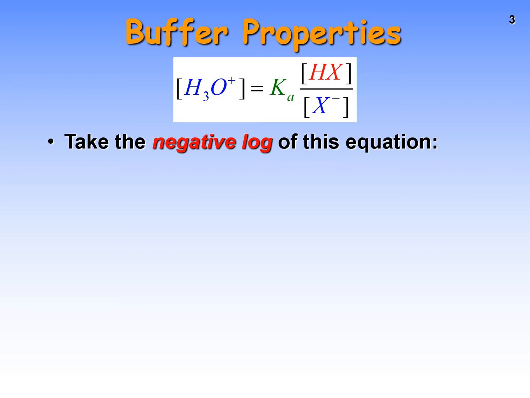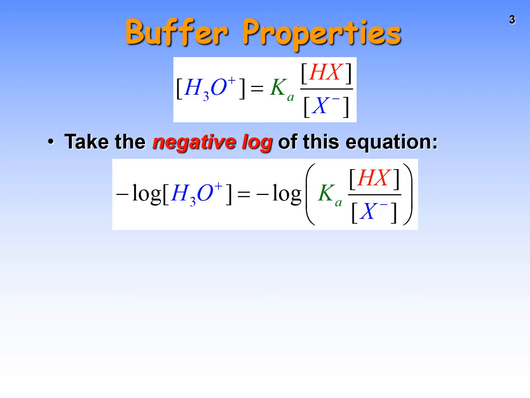Let's continue on. We're going to actually derive an equation known as the Henderson-Hasselbalch equation here. Let's take the negative log of both sides of this equation. If we do that, we get the negative log of H3O+, which is just pH. We also get the negative log of Ka times this whole bit.